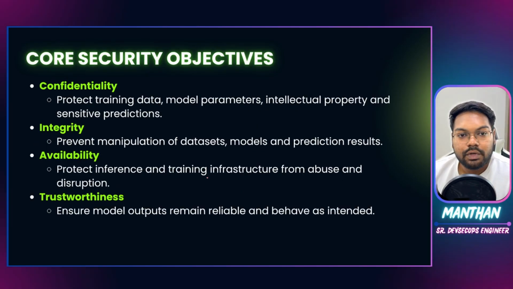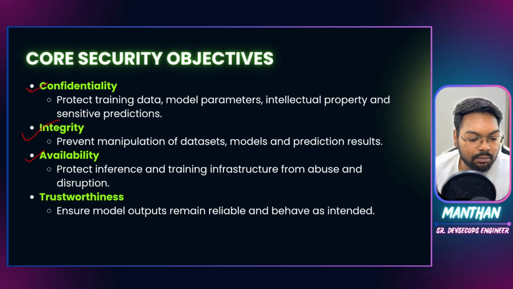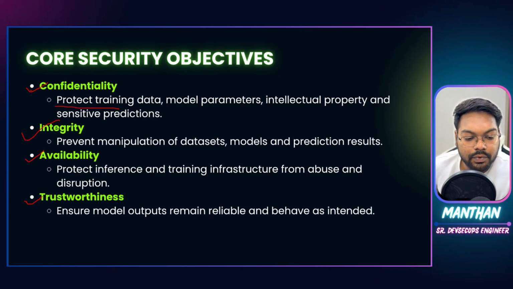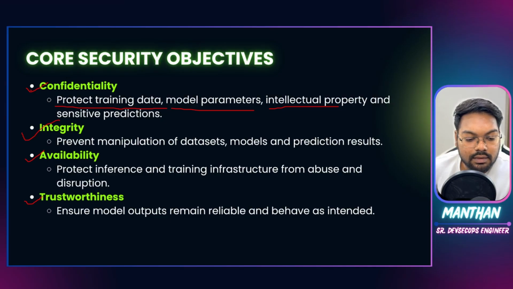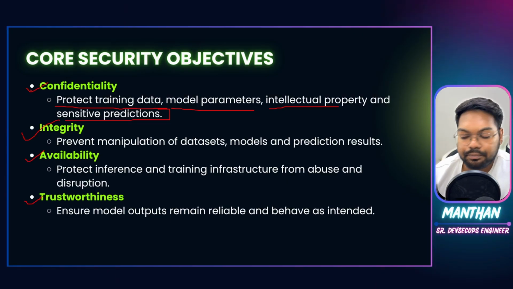Now, what is our core objective behind all of this? What do we want to achieve? We want to achieve confidentiality, integrity, availability, and trustworthiness amongst all of the other things. So, what is confidentiality? It is to protect training data, model parameters, intellectual property, and sensitive predictions that we are supposed to make using these different models.